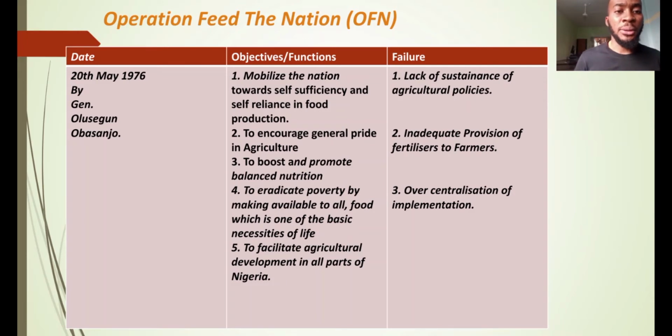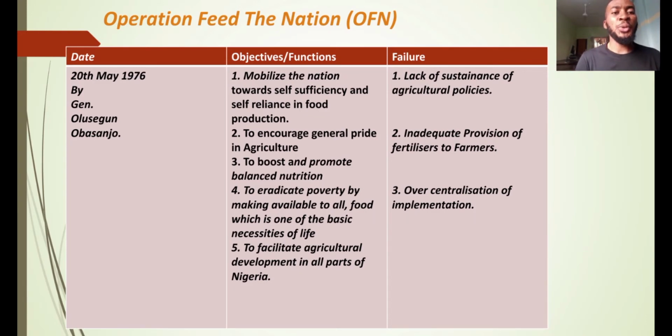3. To boost and promote balanced nutrition. When food production is increased, goods are enough. Raw goods, not processed food, not the ones already preserved with chemical. No, raw goods just gotten from farms.